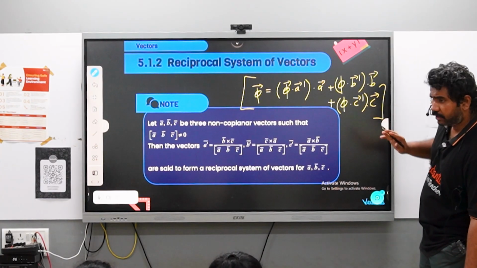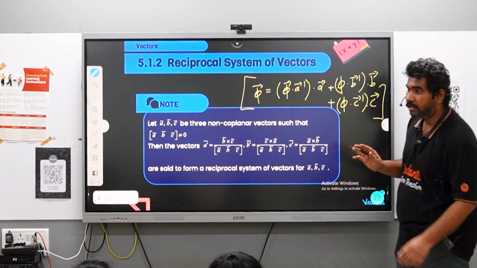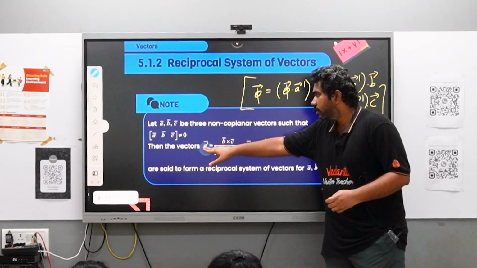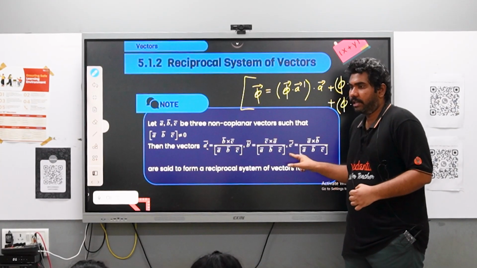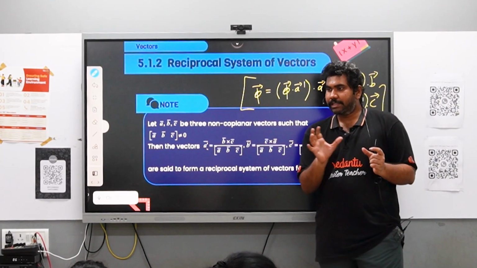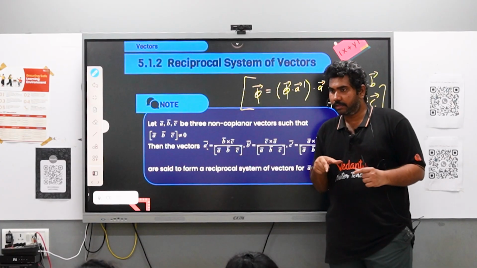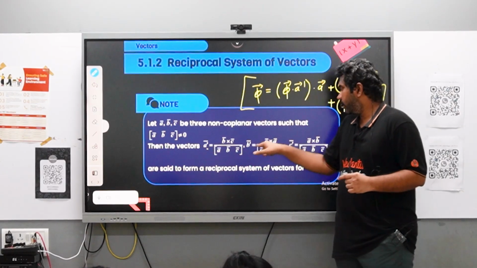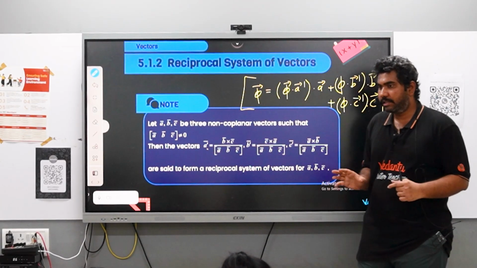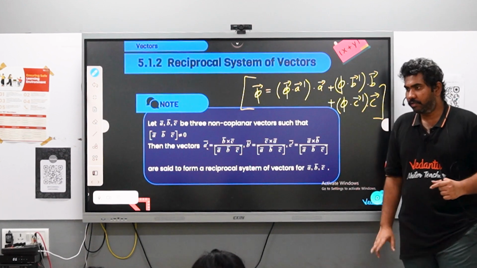Phi is any vector in the three-dimensional space where you are taking A vector dash, B vector dash, C vector dash as the basis vectors, like ijk. Similar to ijk, you can take these three as the base vectors to build the new vector.